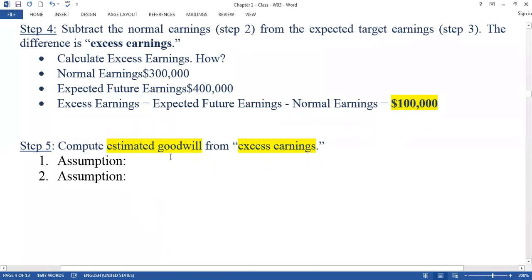So how to calculate this kind of goodwill? We need two assumptions. The two assumptions mean you read the question paper and find out some keywords.